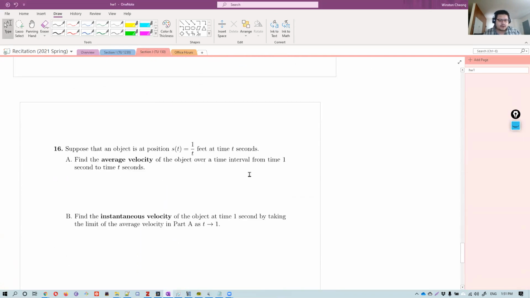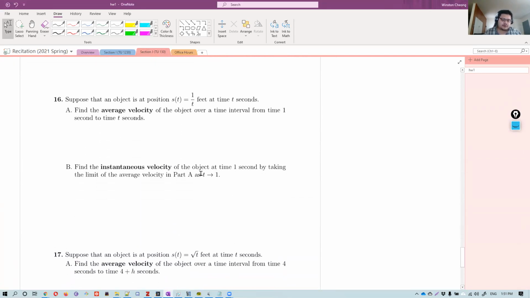That wasn't so bad. The other two are also trying to make sure that you know the other algebraic techniques for simplifying or for evaluating these kinds of limits. So average velocity for this, first of all, let's draw a little sketch.